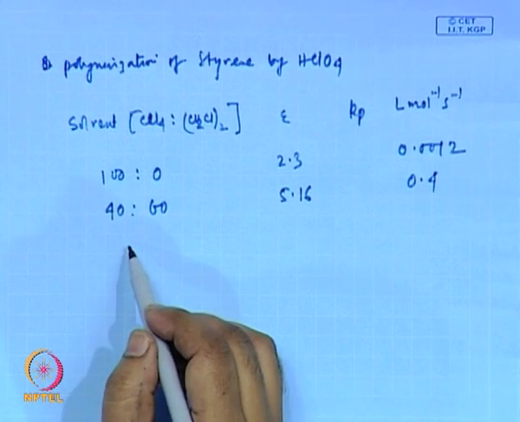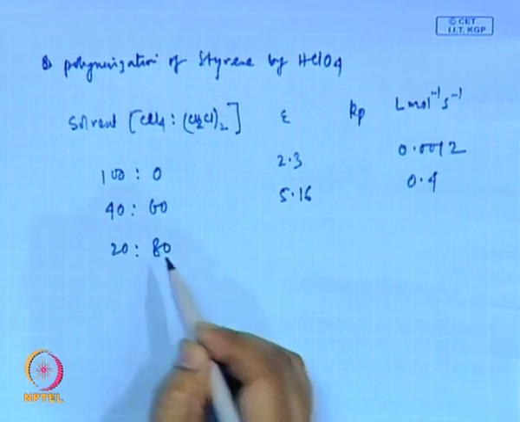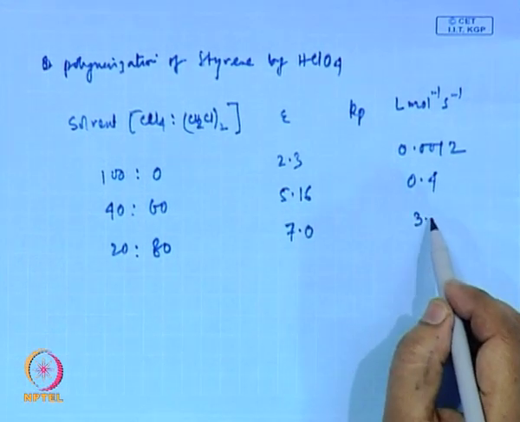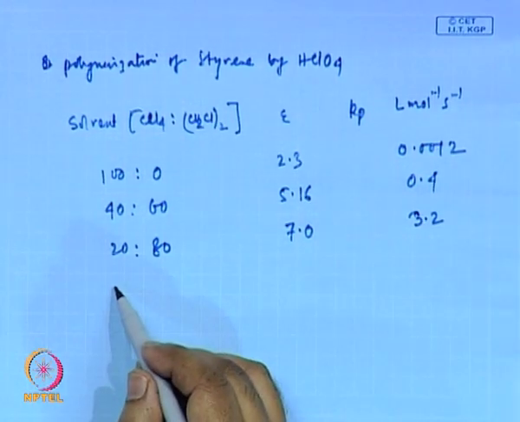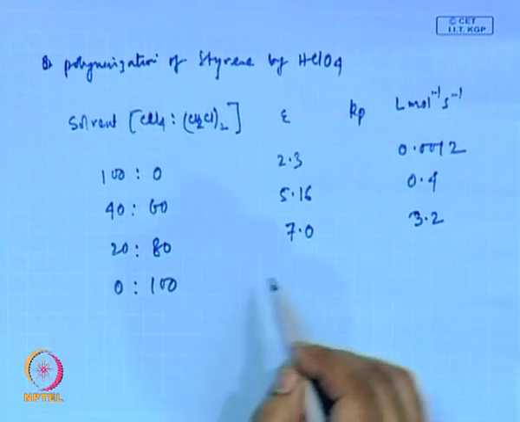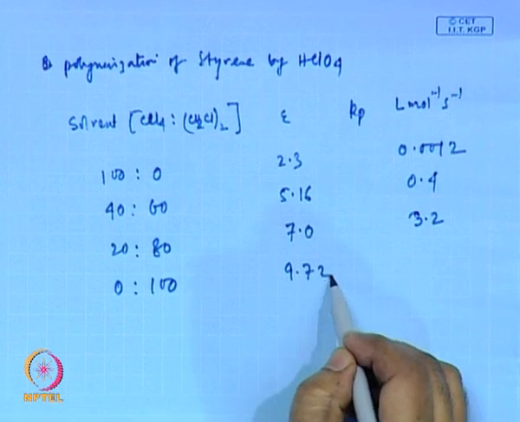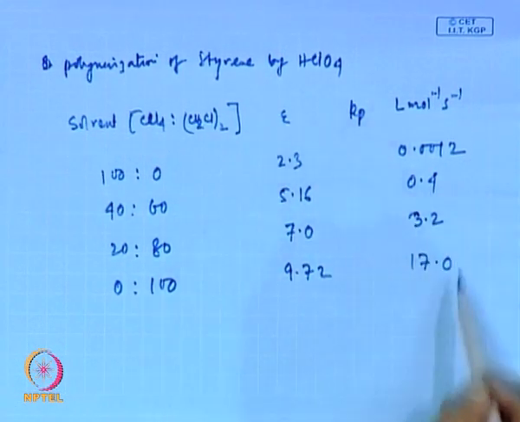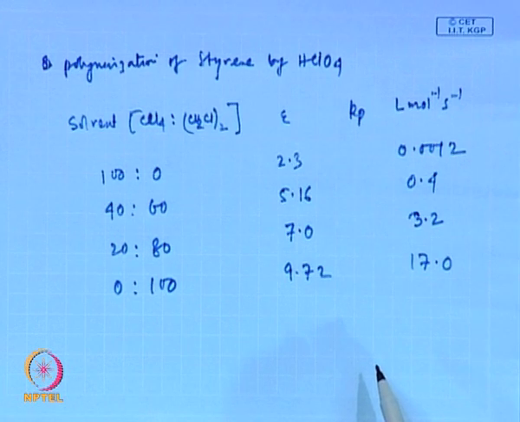If you consider further 20-80, 87, and this is 3.2, and for pure dichloroethane, 9.72 and this is 7. So, this is data to convince you that if you increase the polarity, which is given here by the dielectric constant, the rate constant or the rate of the polymerization reaction increases.